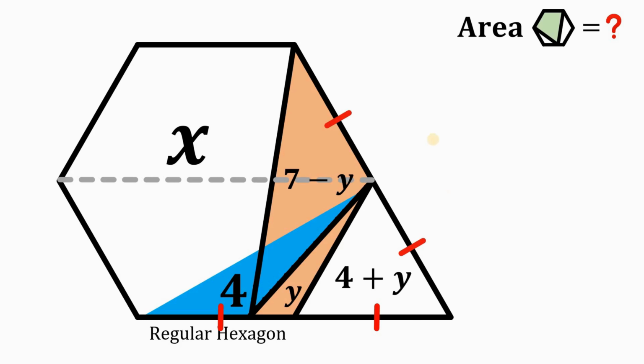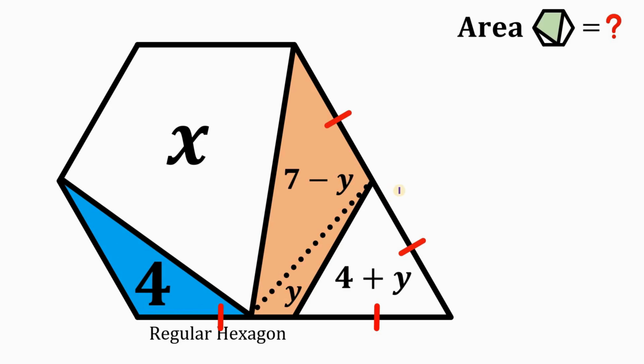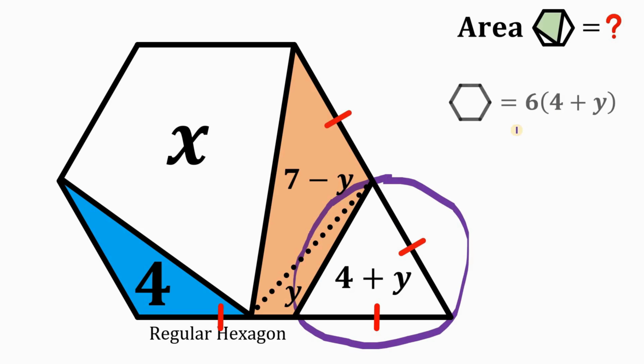And also take note that the area of the entire hexagon is just 6 times the area of this equilateral triangle. So the area of the hexagon is just 6 times (4 plus y) square units. But also, we can rewrite the area of the entire hexagon as x plus 4 plus 7.